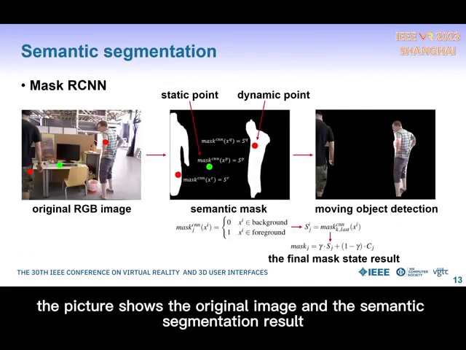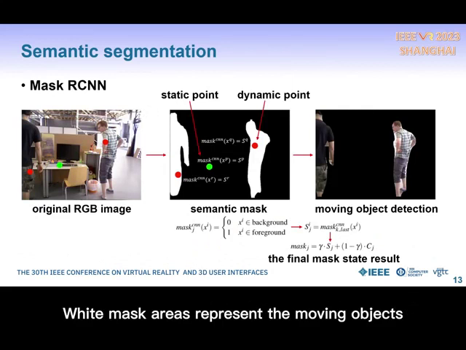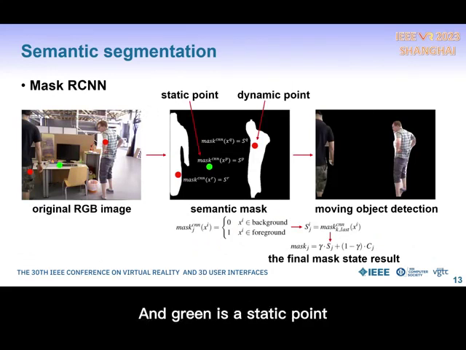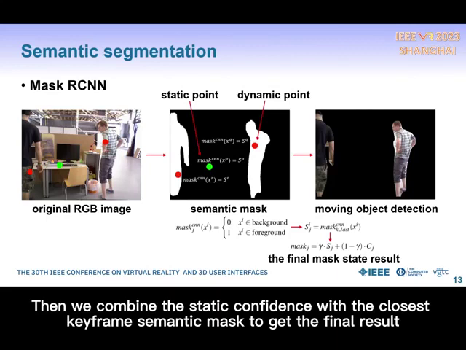Here, the picture shows the original image and the semantic segmentation result. White mask areas represent the moving objects, and green are standing points. Red are dynamic points. Finally, we get the moving object regions. Then we combine the standing confidence with the closest keyframe semantic mask to get the final result.